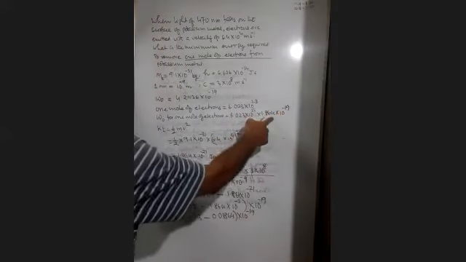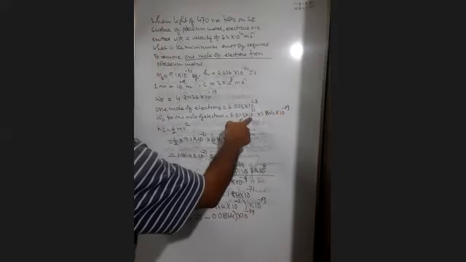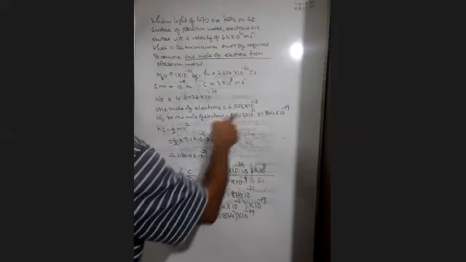Again, multiply this by this. These calculations, sums are not difficult. Only the calculation part is difficult. So you have to be very careful in the place of the decimal. Because this photoelectric equation, always remember, is only for 1 electron.